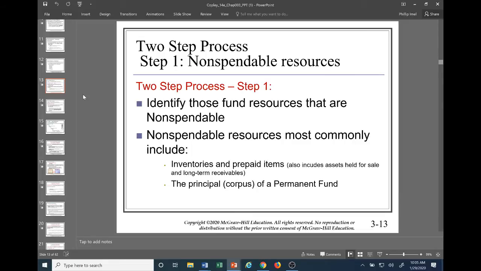First step, for the non-spendable resources, we want to identify those resources that are non-spendable. Non-spendable resources are most commonly your inventories and your prepaid items. It says here it can also include assets held for sale and long-term receivables, and the principal or the corpus of the permanent funds. We know that is what the non-spendable resources are.